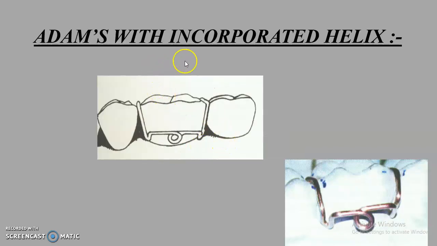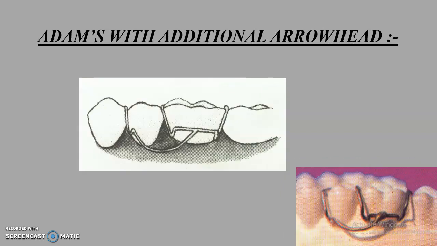Another one is the incorporated helix. This is just like the J hook type, but instead of a J hook, we incorporate a helix on the bridge, right? This is also used for engaging elastics. So both the J hook and the helix design are used for engaging elastics.